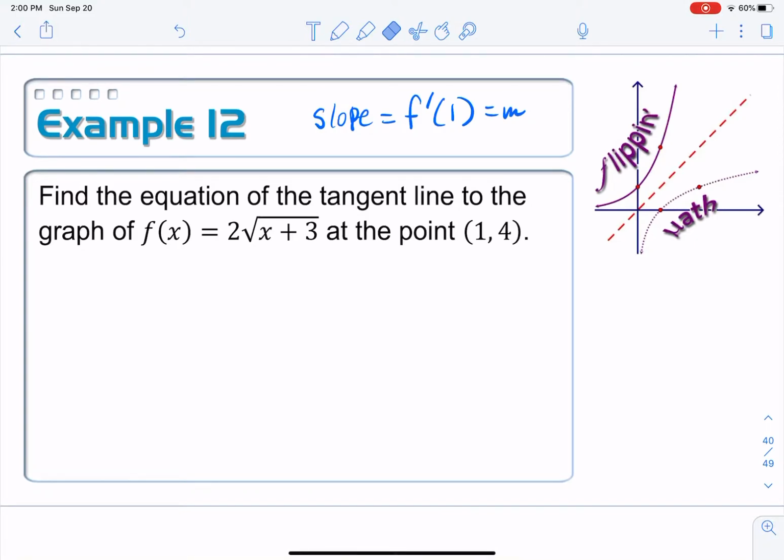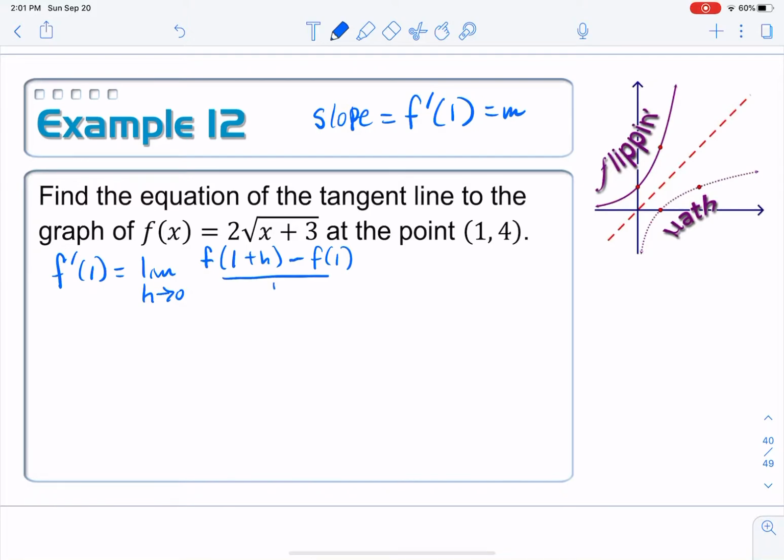We'll just use this traditional one here. f prime of 1 should be equal to the limit as h goes to 0 of, and then I'll build my little blueprint as f of 1 plus h minus f of 1 all over h. If you do this 4,000 times, I guarantee you're going to have it memorized. It's just going to come to you very, very quickly.